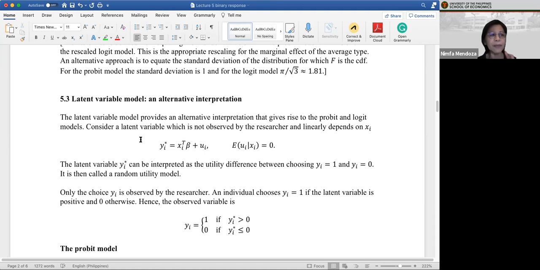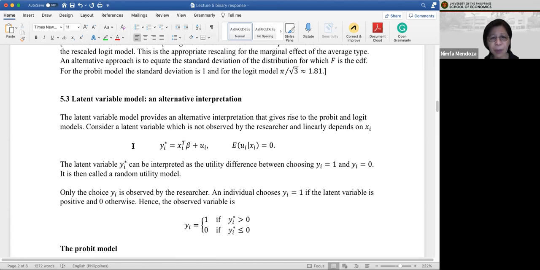Okay, latent variable models are also often used in limited dependent variable models, and in other areas of advanced econometrics. It is a latent variable because the variable cannot be observed, so you cannot measure it.